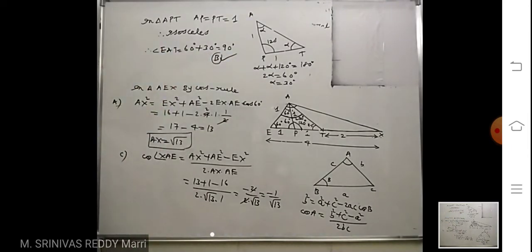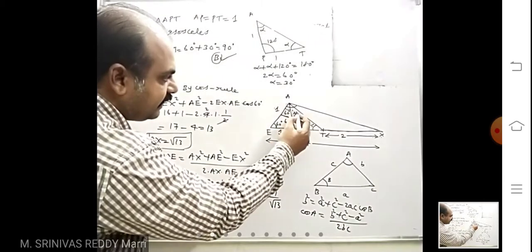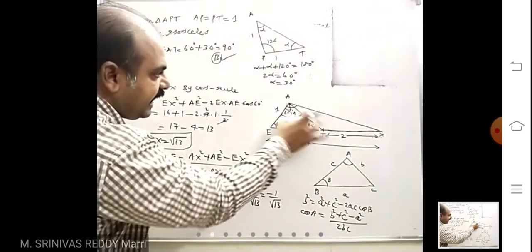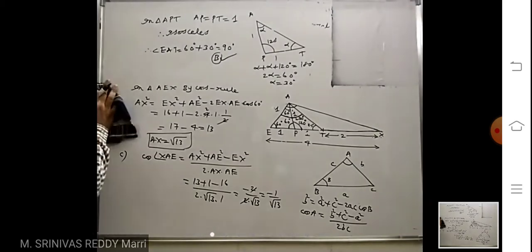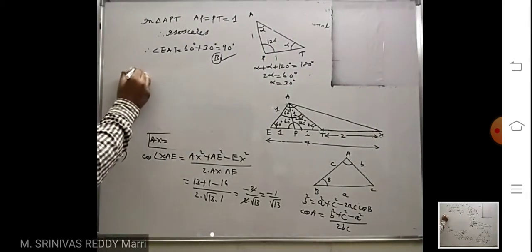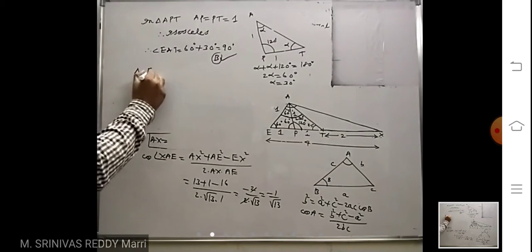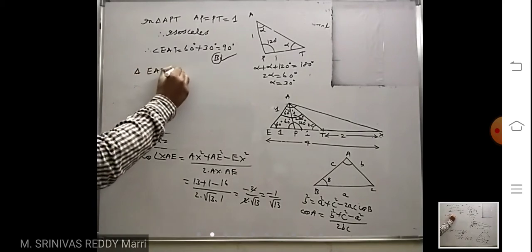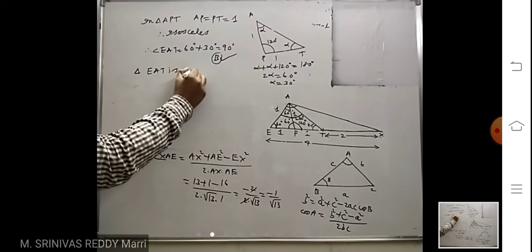Now if you look at this, this is a right angle triangle. That means EAT is a right angle triangle. Also he is asking what is AT.